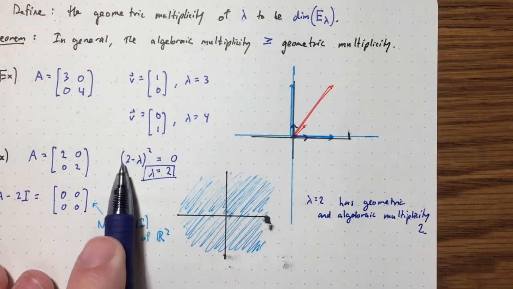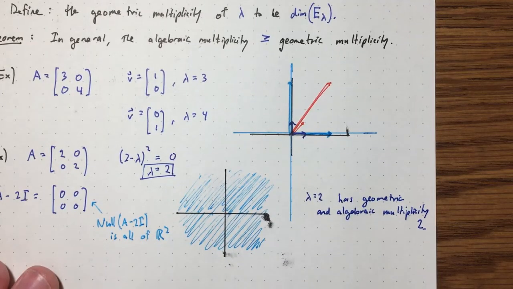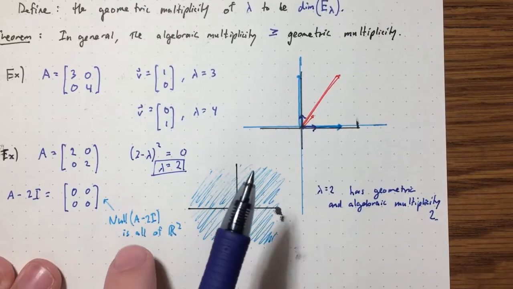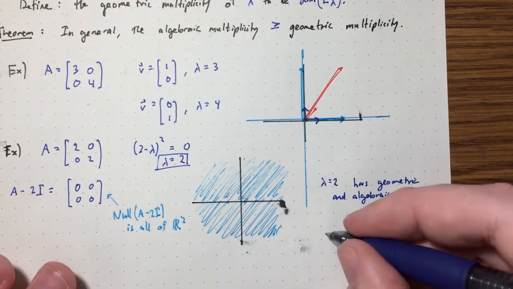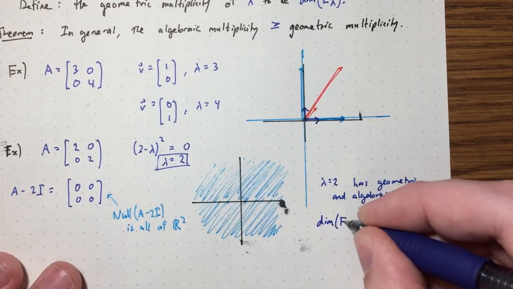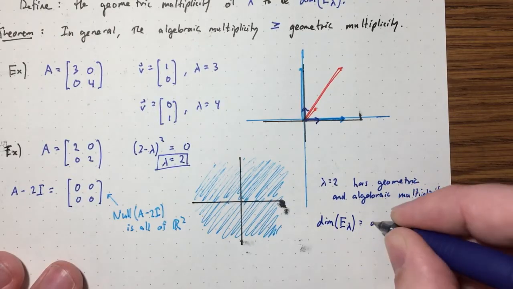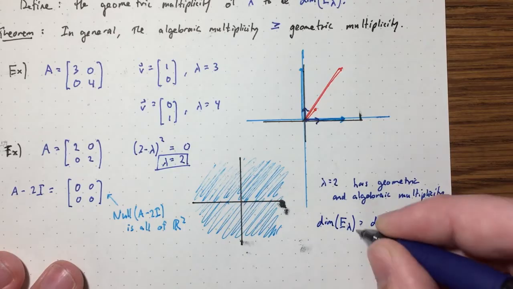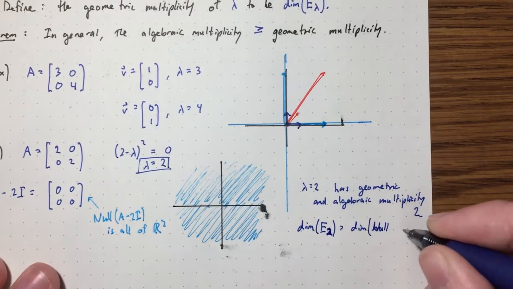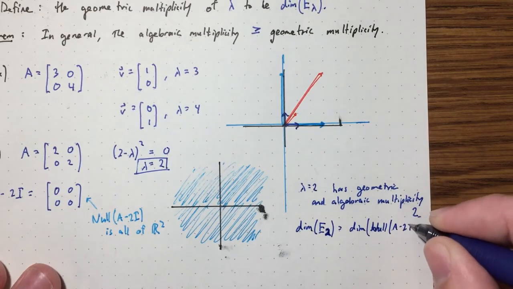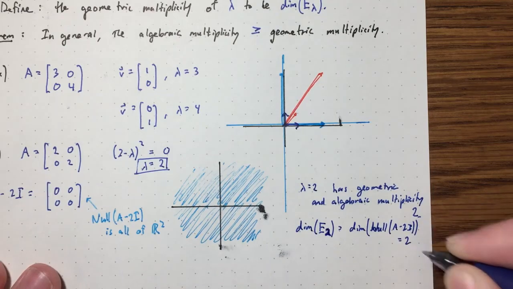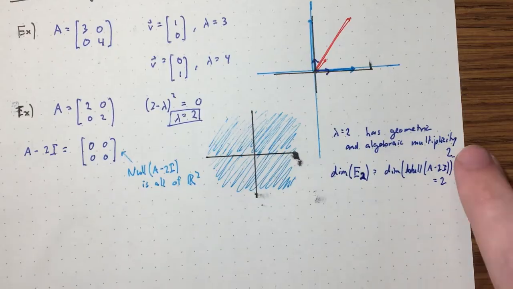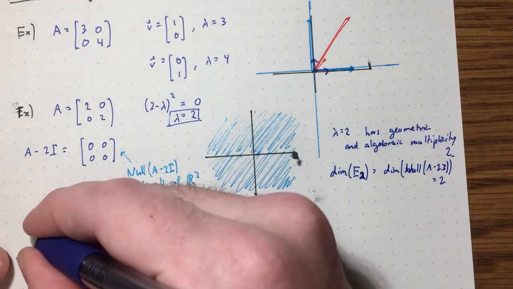Algebraic multiplicity 2 because it occurred as a double root of the polynomial. Geometric multiplicity 2 because the space of eigenvectors, the eigenspace, which is the dimension of this null space, is 2. The null space of A minus 2I was two-dimensional. So again, that's still a nice situation.